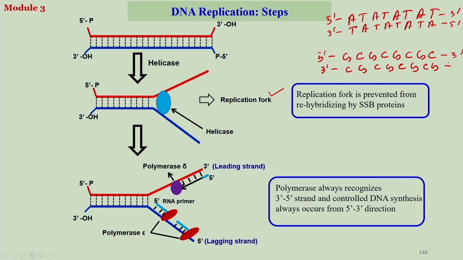Then which one is stronger? Which DNA is stronger? Obviously, this DNA is stronger, because GC base pairs mean 3 hydrogen bonds. In AT, there are 2 hydrogen bonds, and therefore this is weaker.